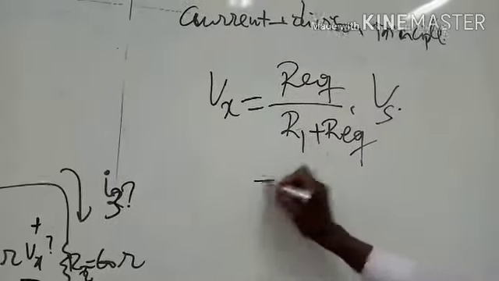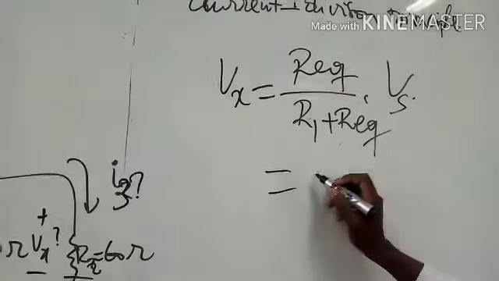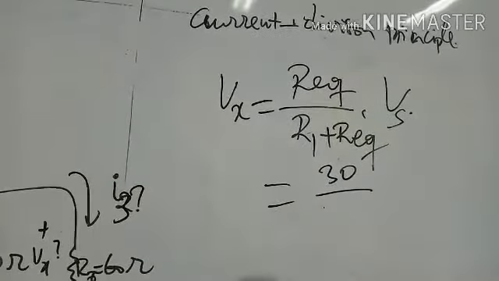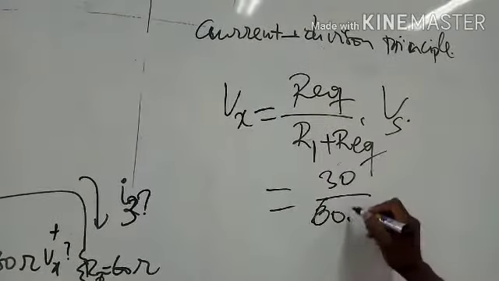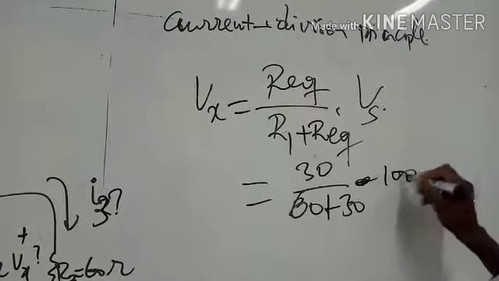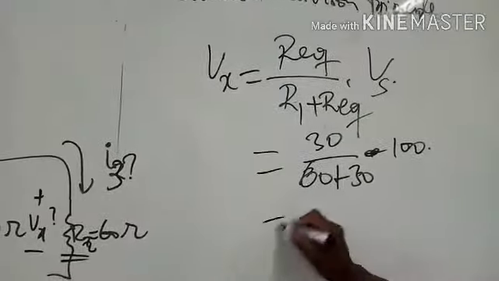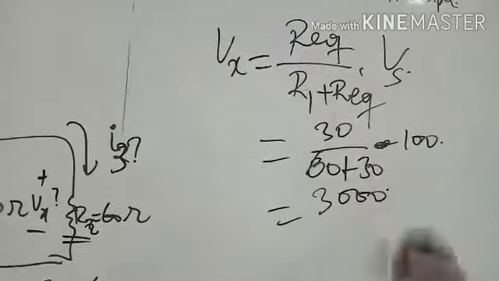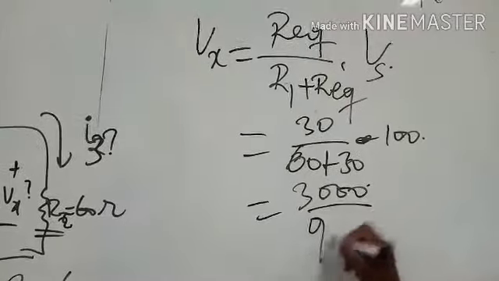This equation gives us 30 over 60 plus 30 times the initial voltage. Then we get 3,000 over 90.